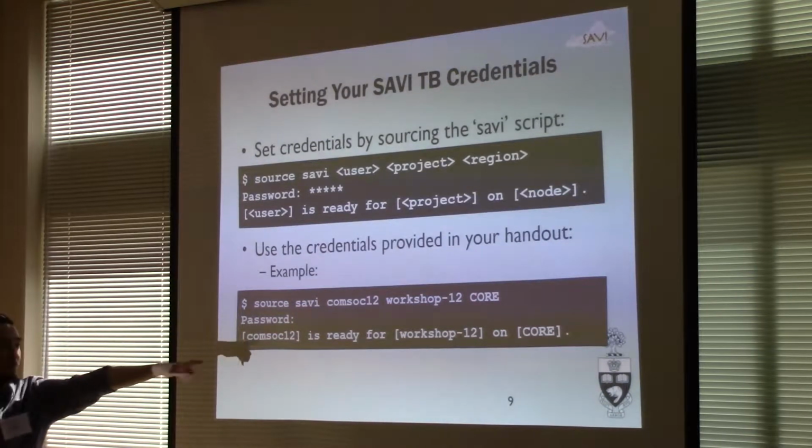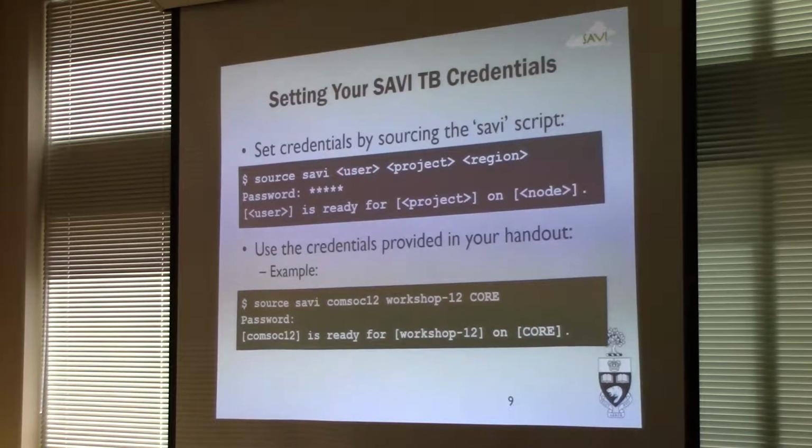An example here: comsoc 12 is ready for workshop 12 on core. I'll walk around and take a look. Right now, just for the SAVI basics, I'll have you put up a single VM, and then we'll get into much more interesting stuff.